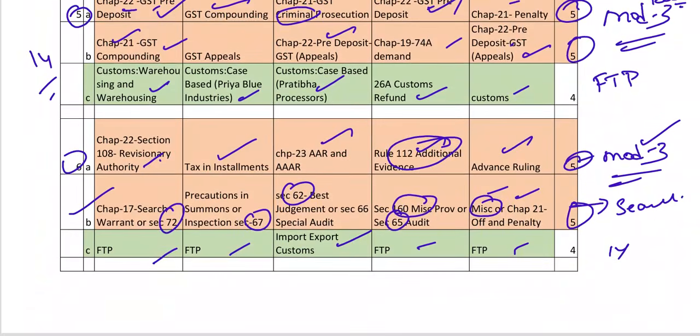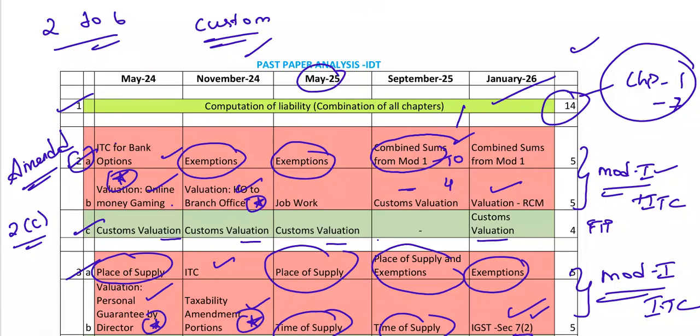I think these are the overall insights I have taken after analyzing the papers. To summarize: question numbers 1, 2, 3 are going to be your module 1 plus ITC. Then question number 4, you are going to get from module 2.